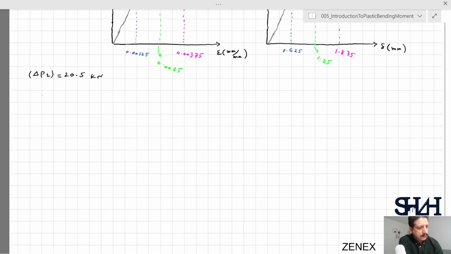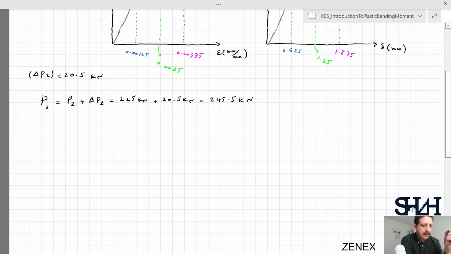So now P at this stage, let's say it is P3, is P2 plus delta P2. So it was 225 kilonewton plus 20.5 kilonewton, which is 245.5 kilonewton.